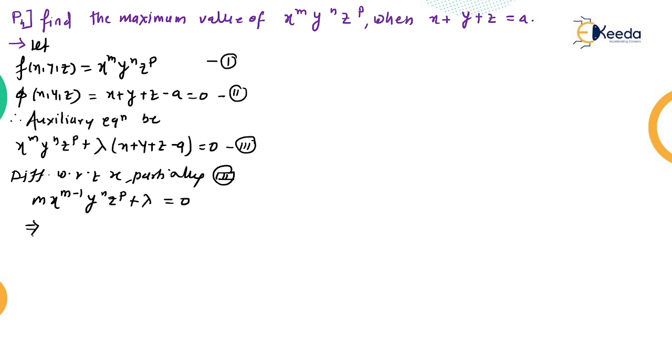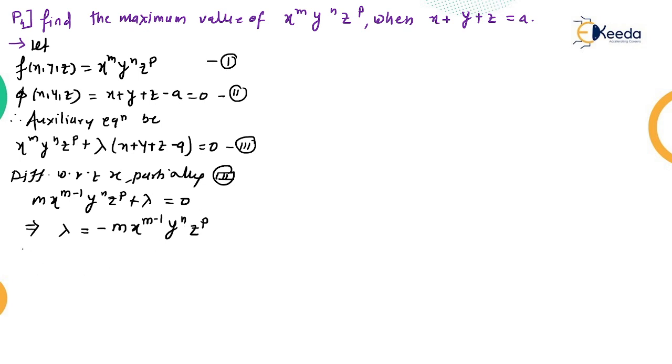So the value of lambda is equal to minus m x raised to m minus 1 into y raised to n and z power p as it is. This is differentiation with respect to x partially.